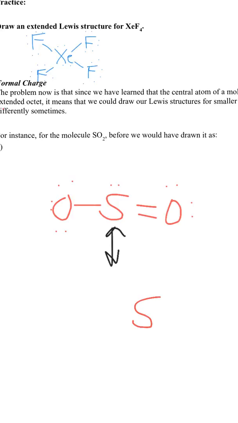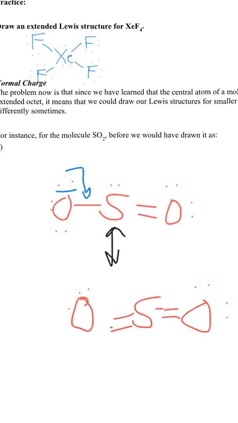So what we can actually do is take one of those lone pairs up on the single bonded oxygen, and we can dump them in and make a double bond with it. So that means that both the sulfur oxygen bonds could be double bonded. Both of the oxygens would have two lone pairs on them, and sulfur would have a lone pair on it.